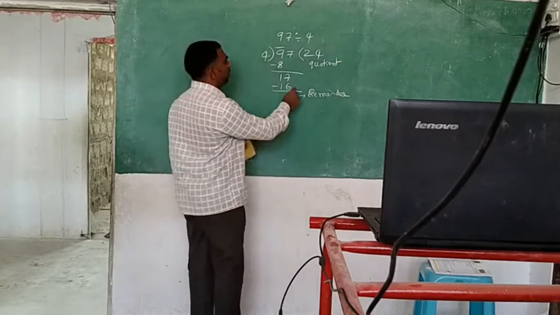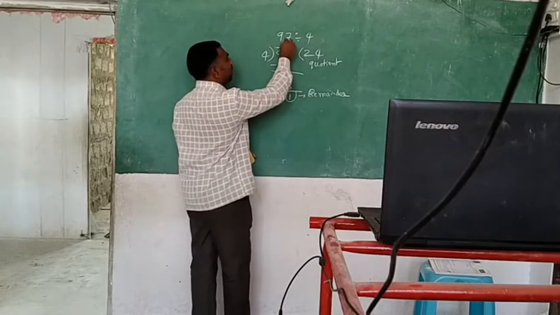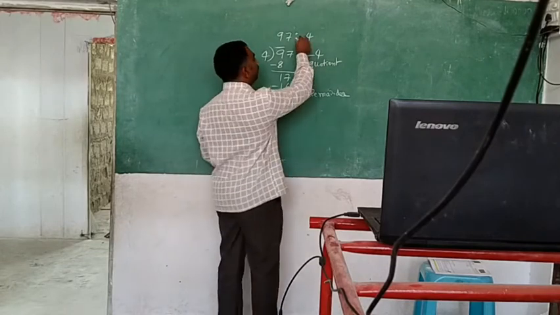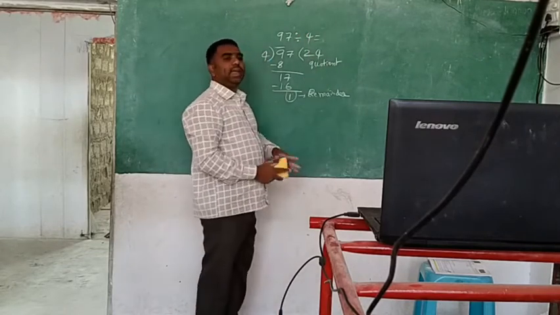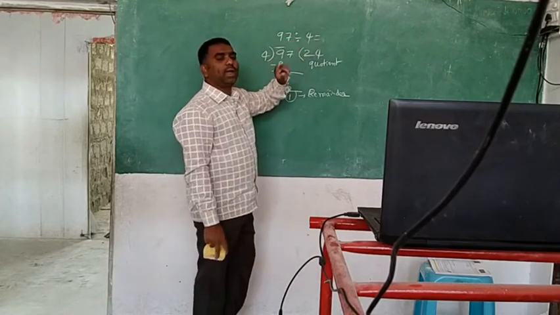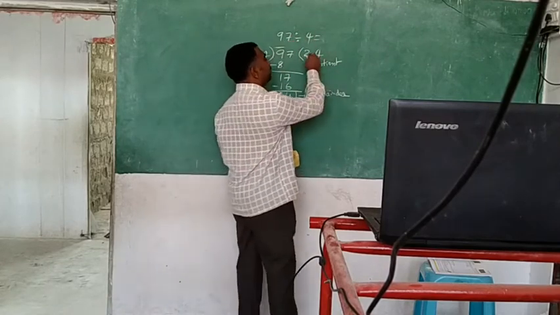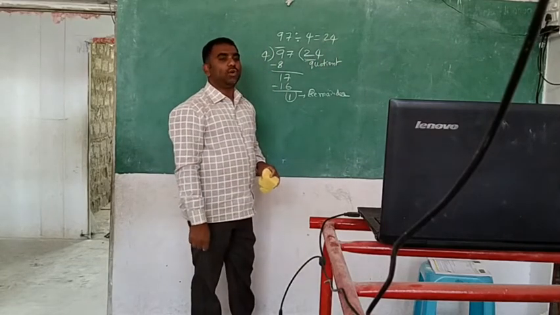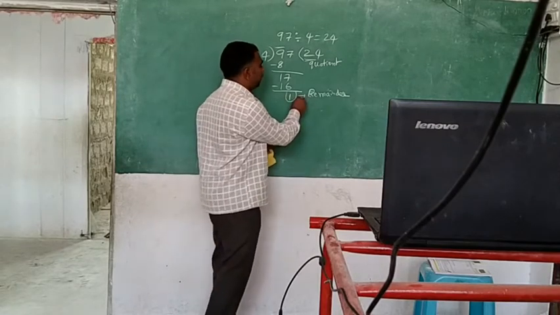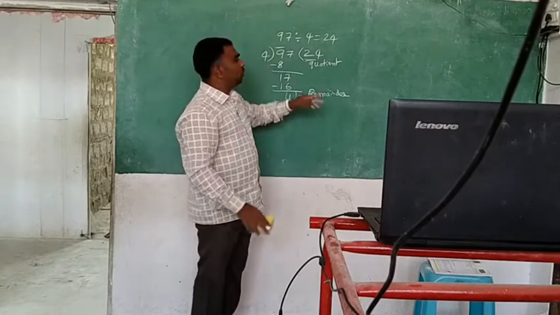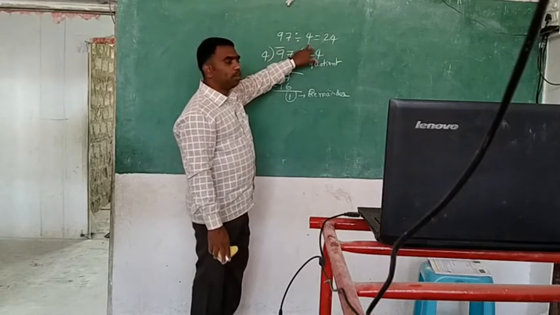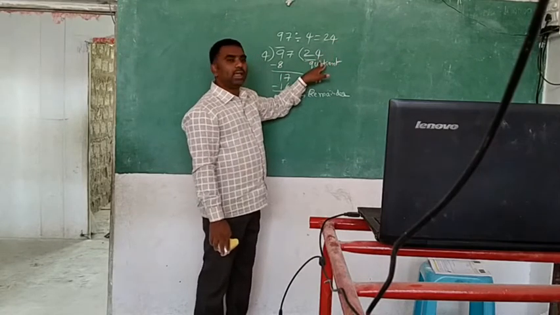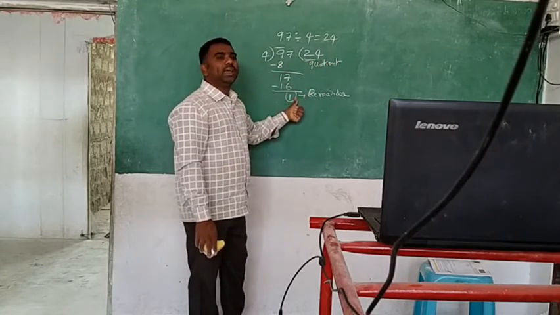Now, what is the meaning of this division? You see, 97. When 97 eggs are divided into 4 packets, in each packet there will be 24 eggs and 1 egg will be left.